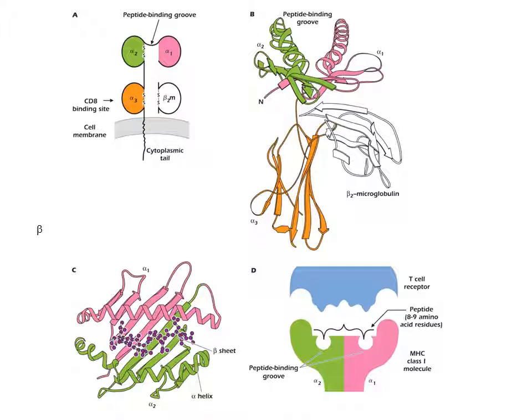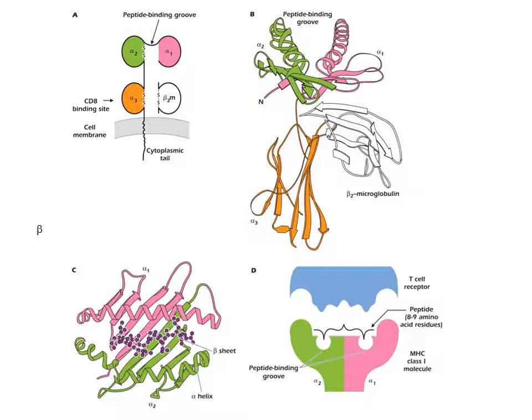So we have a T cell receptor, and we have an MHC receptor. And this MHC receptor basically, as you can see over here, has two components. This is a component over here, which is alpha, and there's a component over here, which is beta. And then there's a groove there.